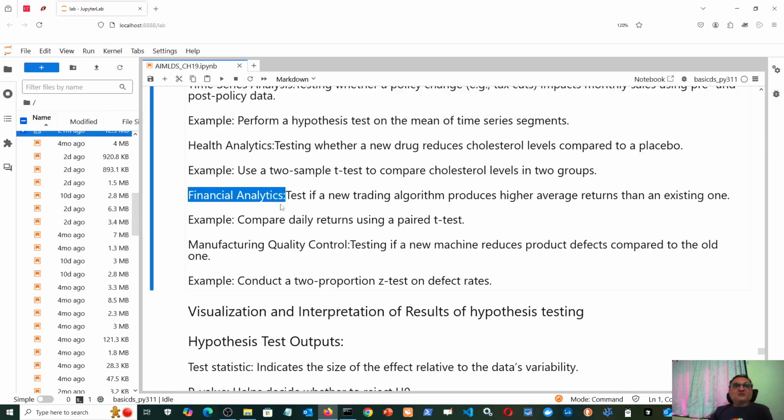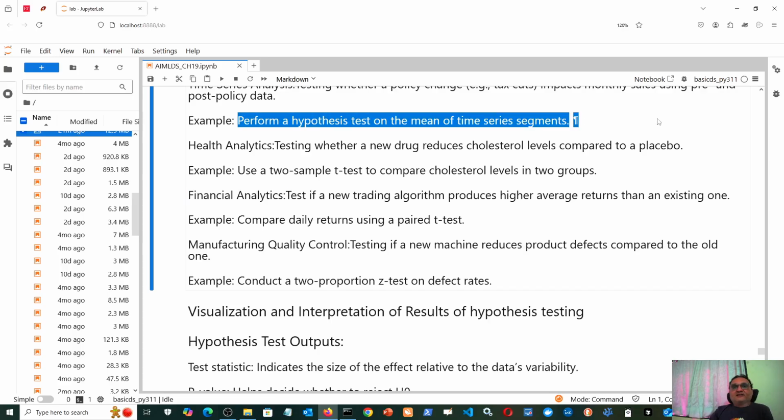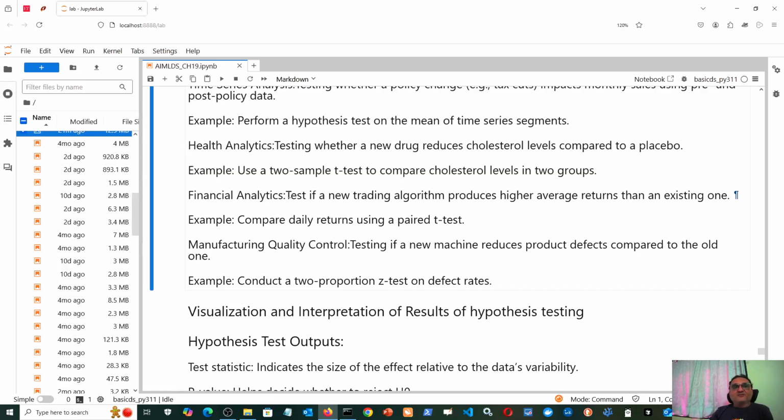The other problem is there also, just like healthcare, that the accuracy desired would be high, because sometimes if you are a big financial advisor, maybe like JP Morgan or some that kind of thing, then you are handling billions and billions of dollars of assets. Then just a 2% of additional error will lead to the loss of millions of dollars, right? So here also you can use a confidence interval, maybe 0.98, 0.99, like that.